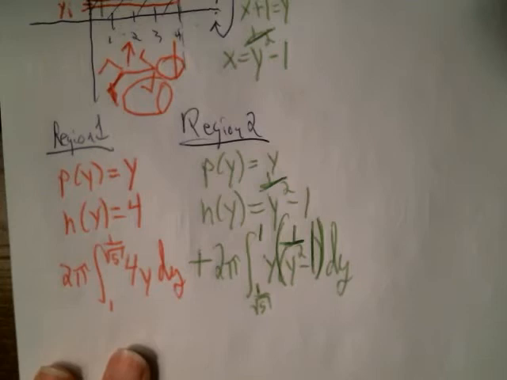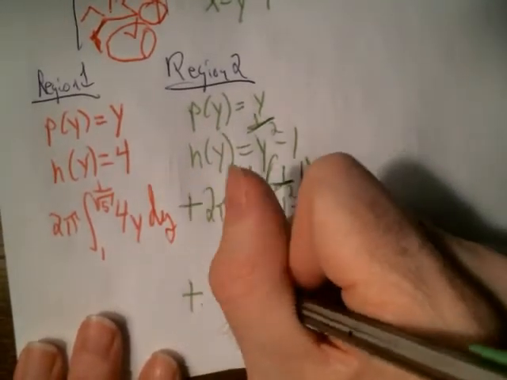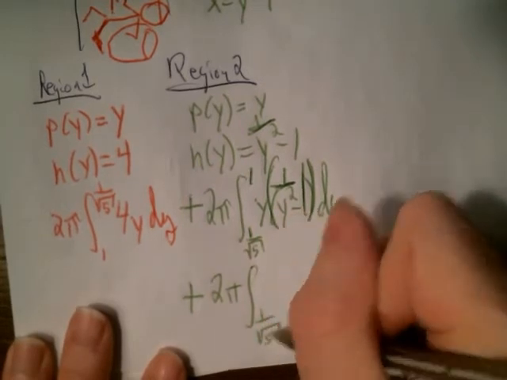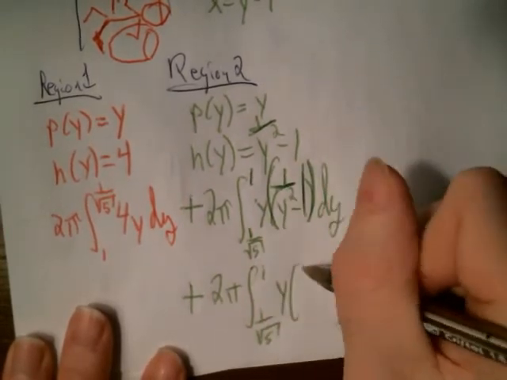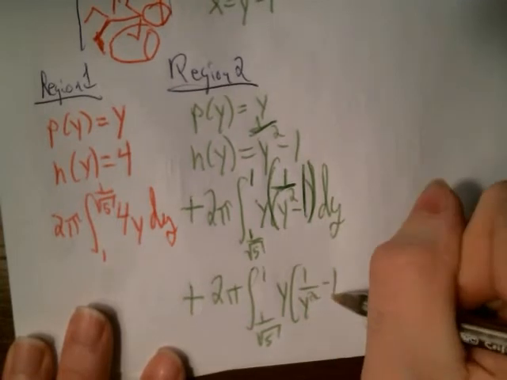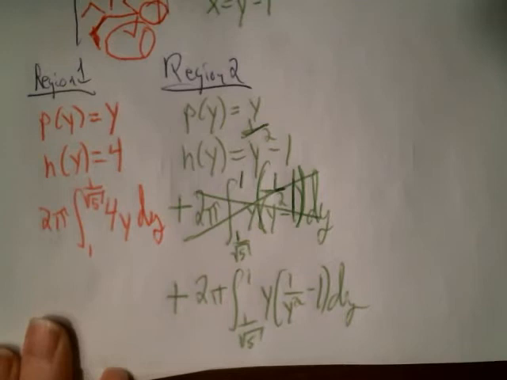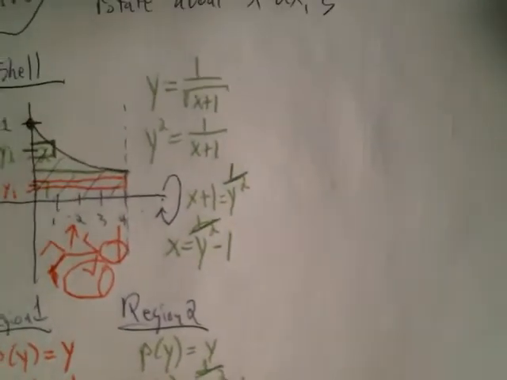So more like that. Let me rewrite that. So it's going to be plus 2 pi integral from 1 over root 5 to 1 of y times 1 over y squared minus 1 dy. Alrighty then. So that was a nuisance.